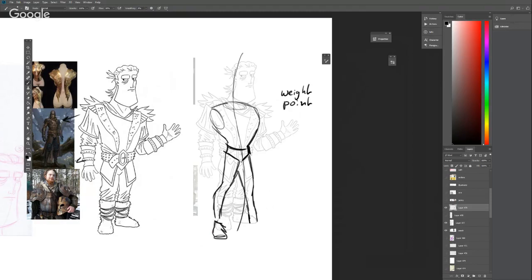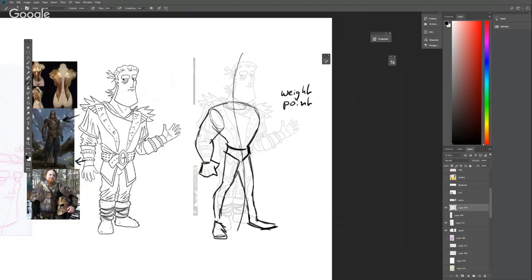They're also doing it there. And then we have these arms. So maybe make this hand like this. So he's making a fist.